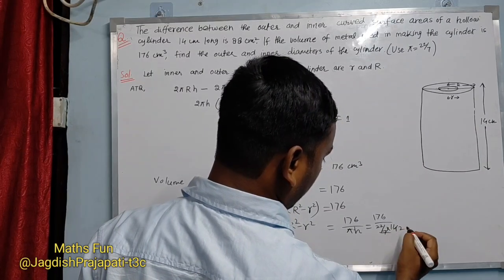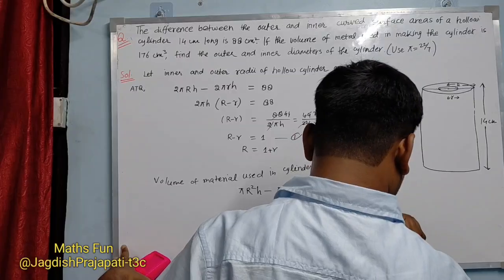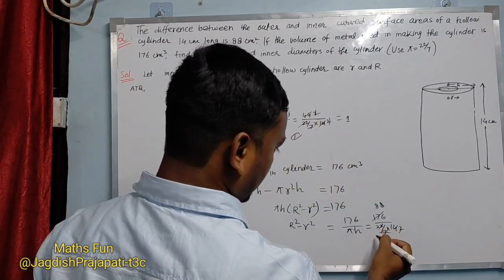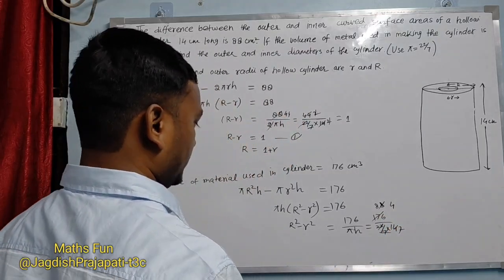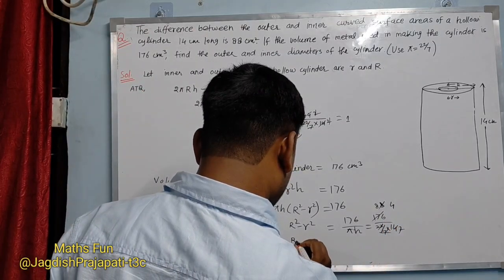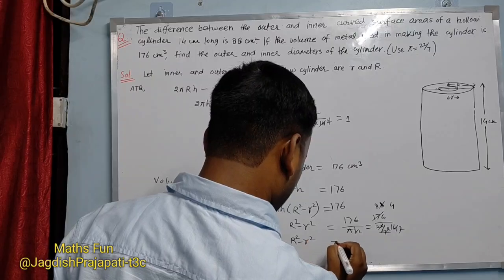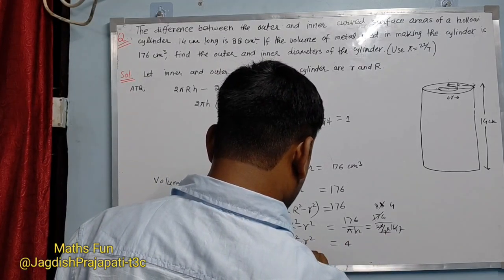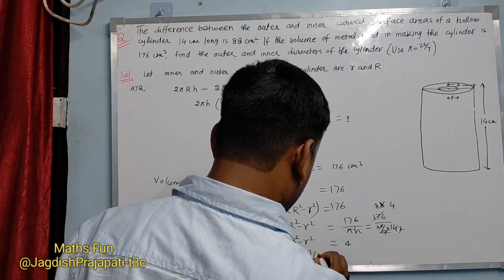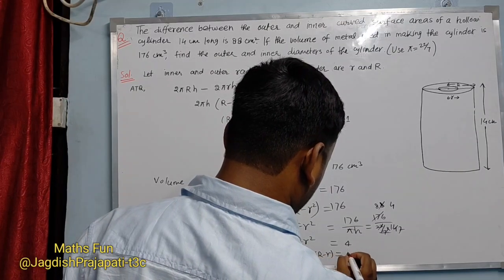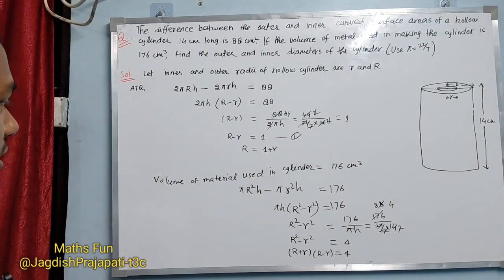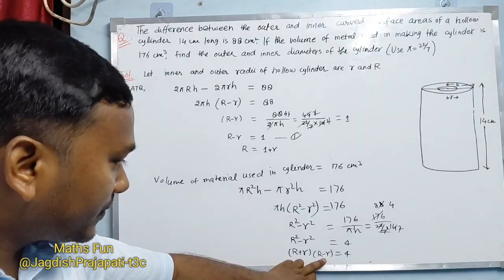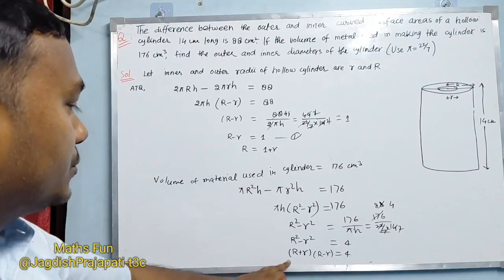So 7 2s are 14, 2 8s are 16, and this will divide by 4 times. So capital R square minus small r square is 4. So capital R plus small r into capital R minus small r is equal to 4. Here you can see that capital R minus small r is 1. So let us use that.